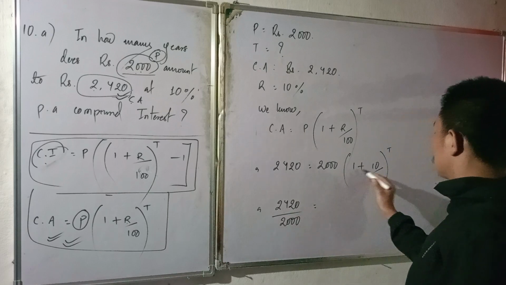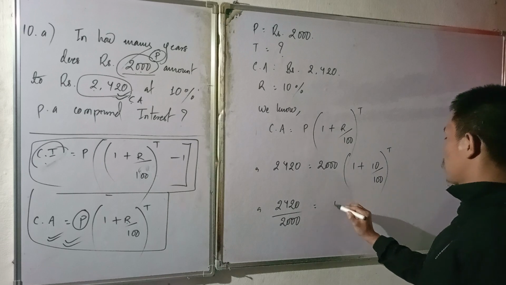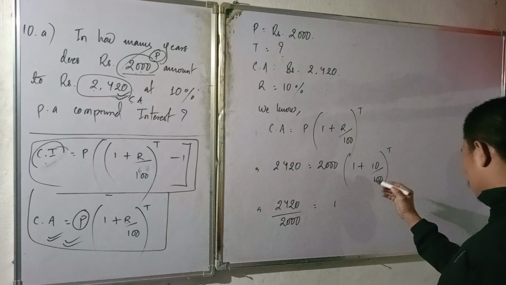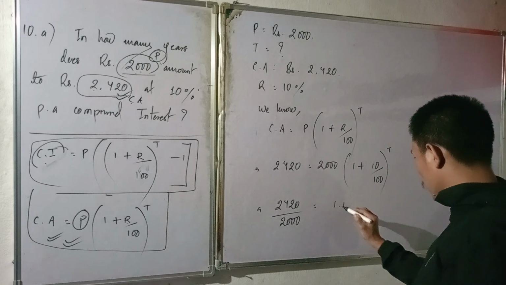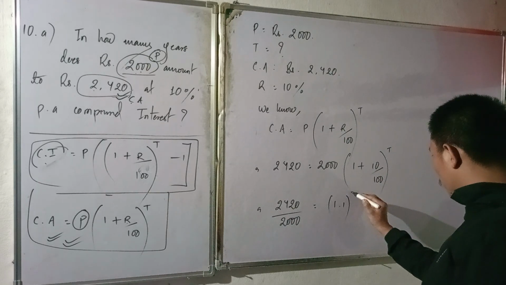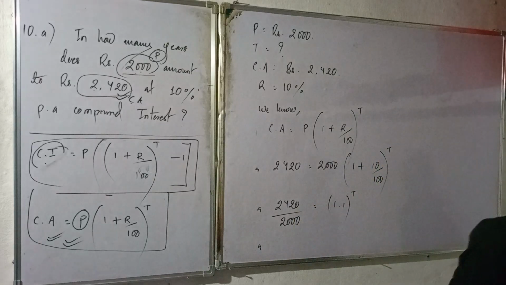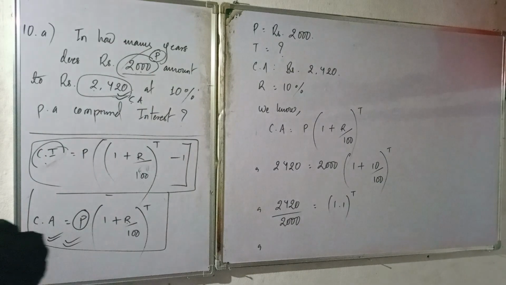Use the calculator. This will become 1.21 if you do it inside the calculator.